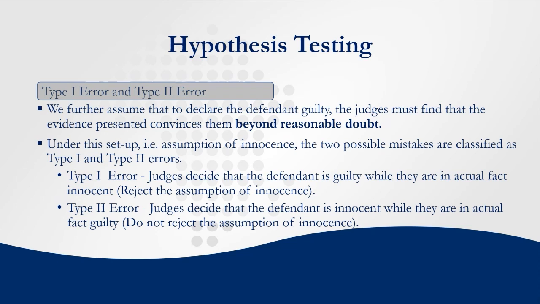On the other hand, they might not reject that assumption of innocence. So the judge decides that the defendant is innocent while they are in actual fact guilty. They don't reject the assumption of innocence, while in actual fact this person has committed the crime.